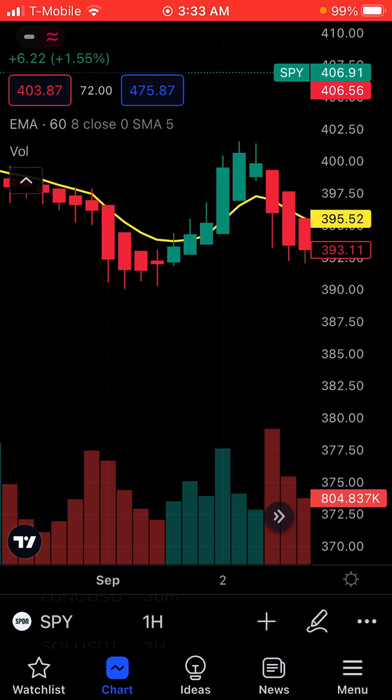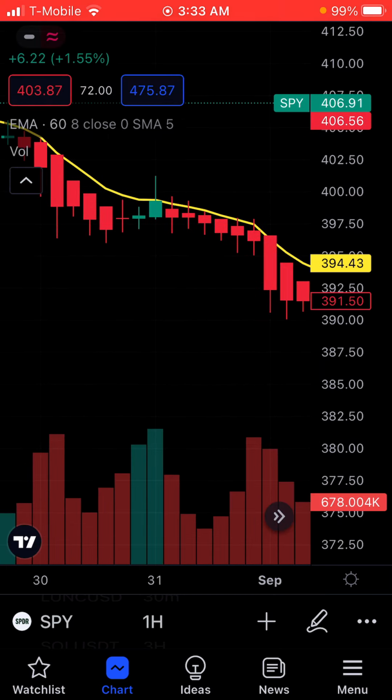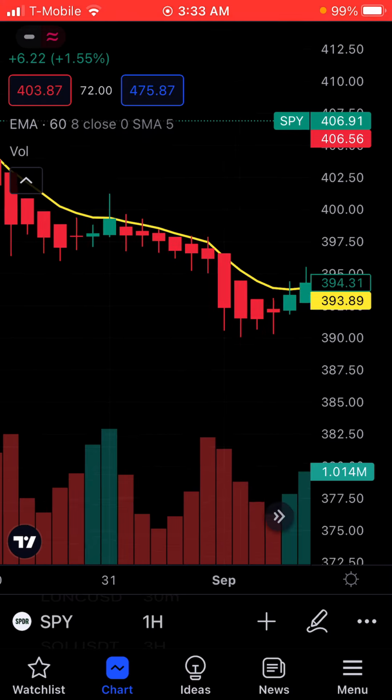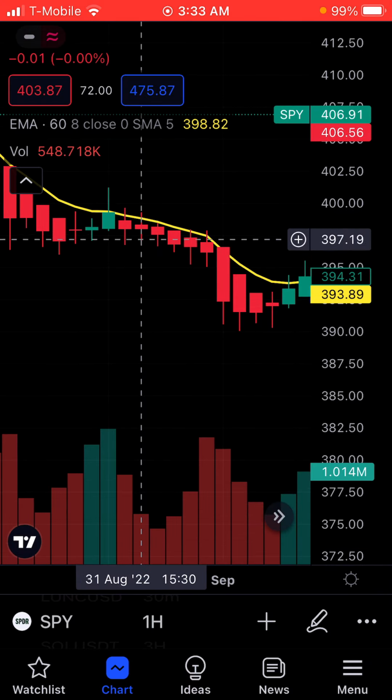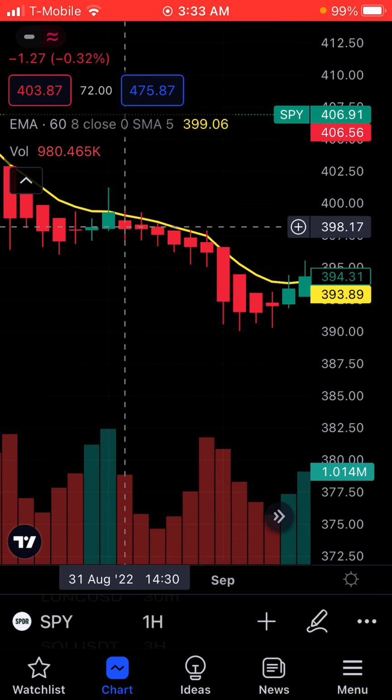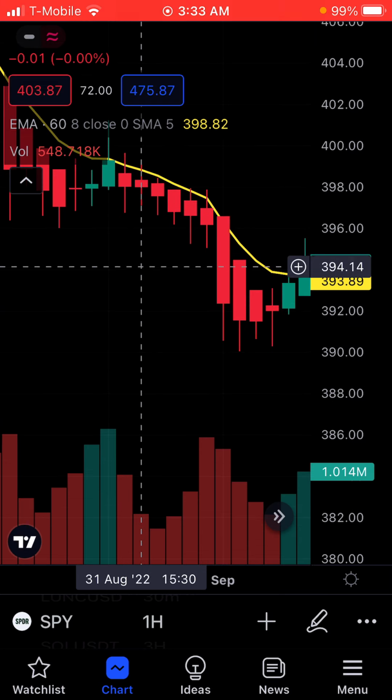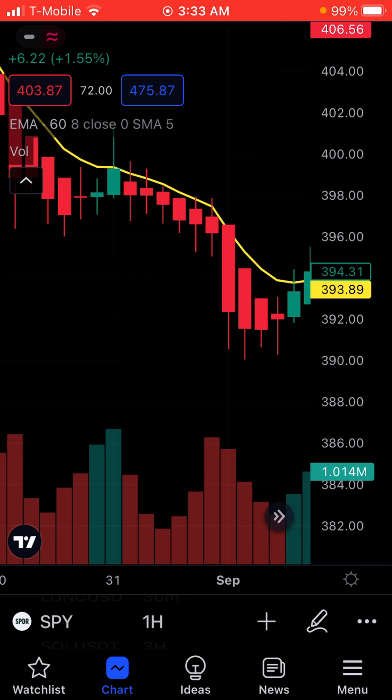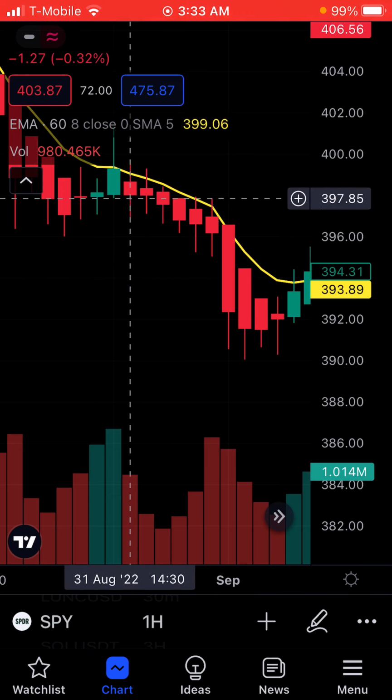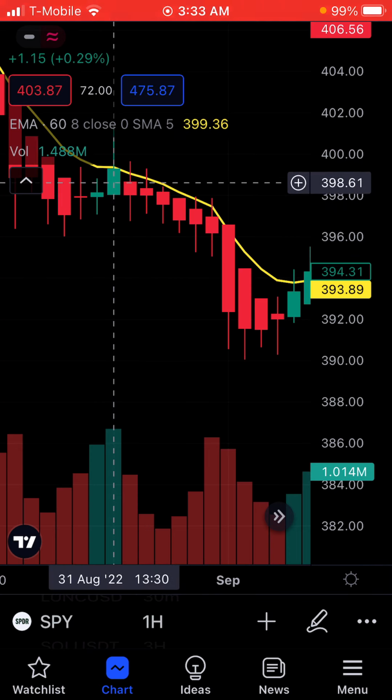So let's look at a couple of other examples. I want to find one that has 1 million. Let's look at this one up here. Now this one is good. This is a good indication right here. Notice this candle right up here at the top. You see green and then it turns into red.